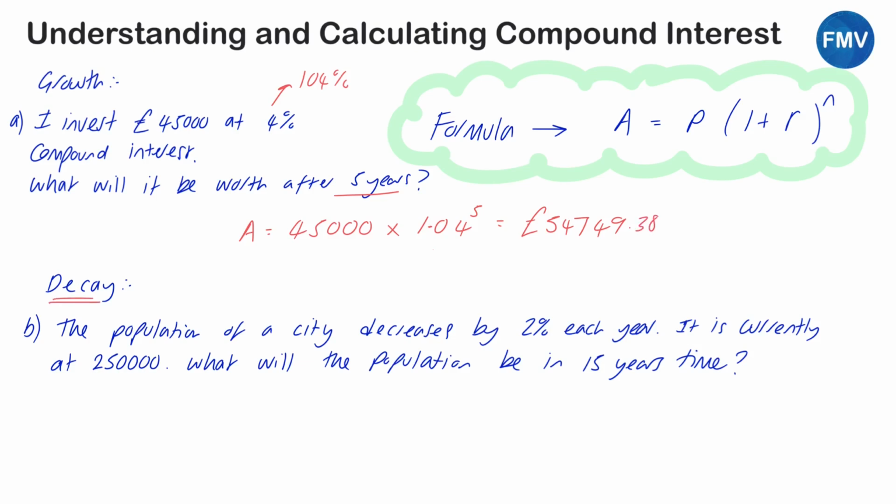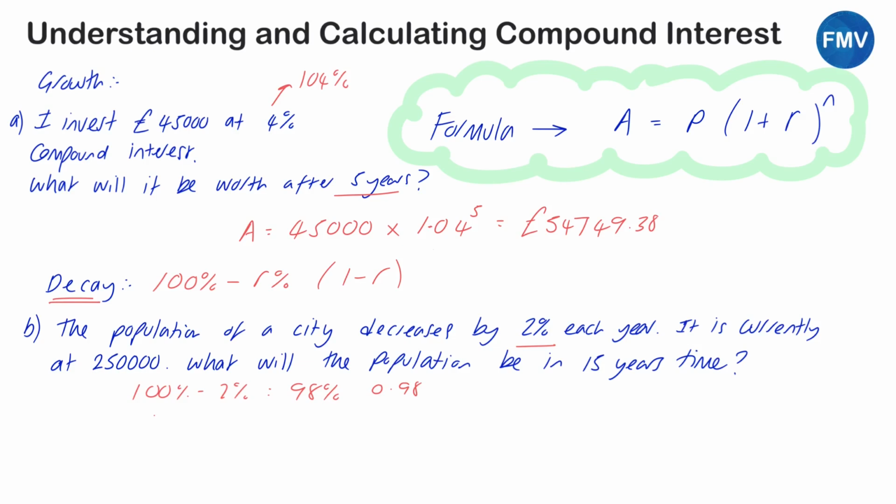Okay, looking at this final question. So with decay, you need to recognise that is 100% minus the value R as a percentage, or 1 minus R, not plus the R. Here we go, the population of a city decreases by 2% each year. So straight away we've got 100% minus 2%, well that gives us 98%. So now we have got 0.98.